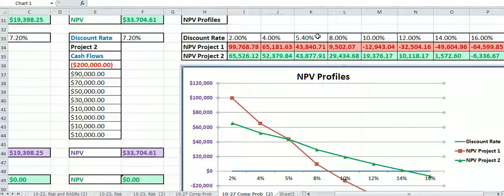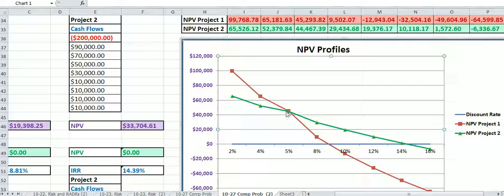If we put in 5.3 right here, we can see very quickly that at that point, project 1 actually goes higher than project 2. So 5.3 or anything below 5.4 is back in this area here where the red, which is project 1, has a higher net present value than project 2.